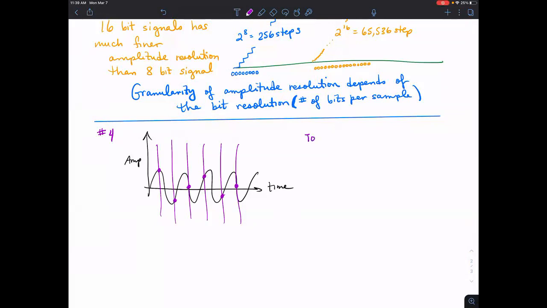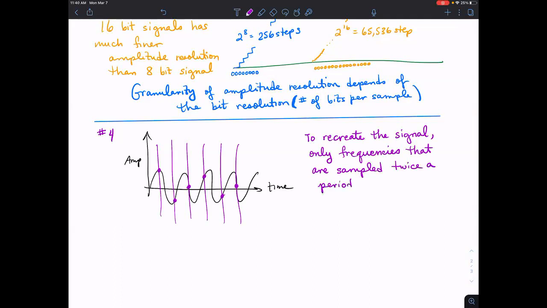So to recreate a certain frequency, or to recreate the wave or the signal, you will only be able to have frequencies that are sampled twice a period.